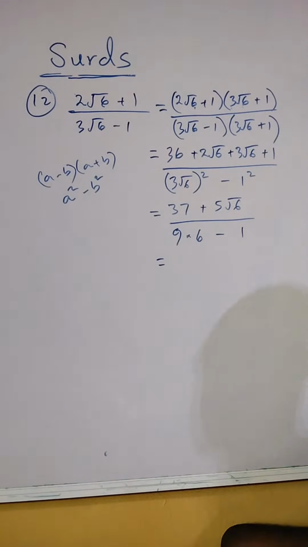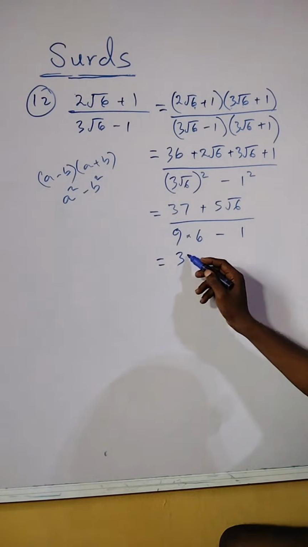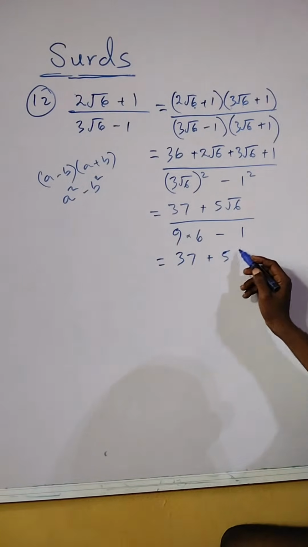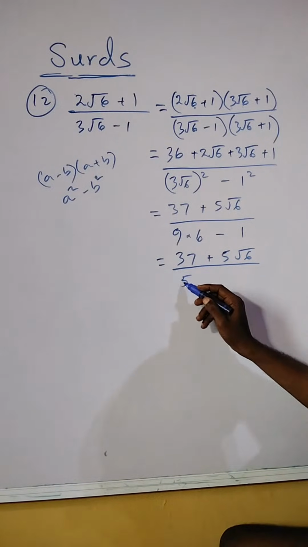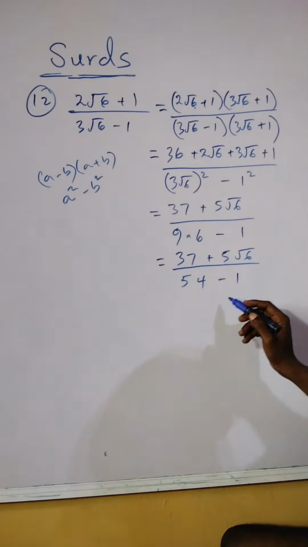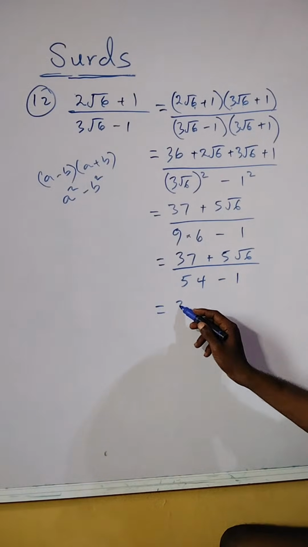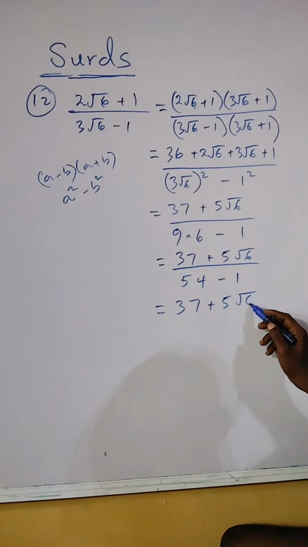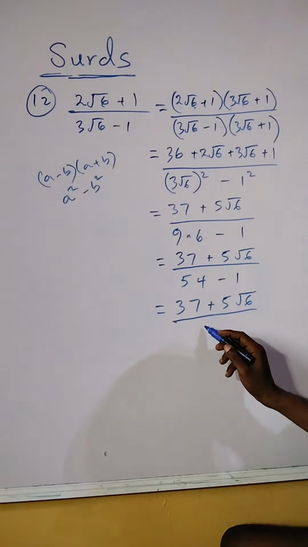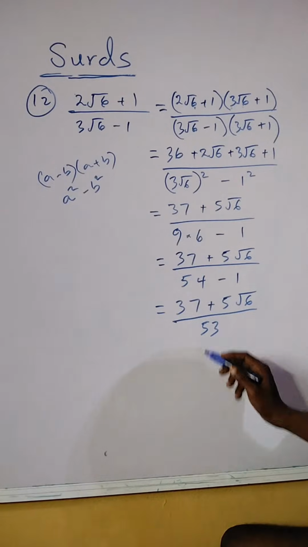That is, yeah, we have 37 plus 5 root 6 over 9 times 6, that's 54, minus 1. And this becomes 37 plus 5 root 6 over 54 minus 1, that's 53.